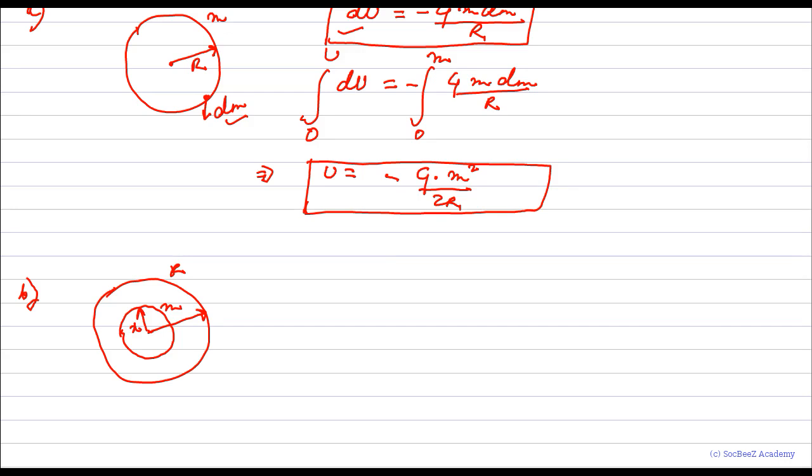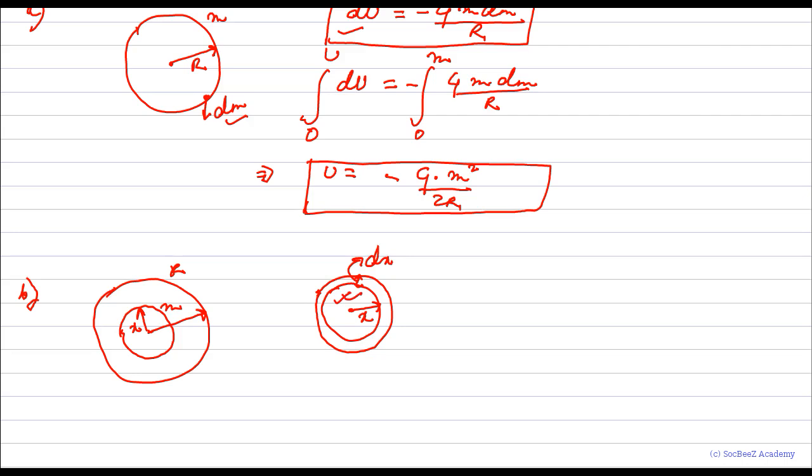Now let's say that at any instant while the sphere was being formed, its radius was x and a shell of small thickness dx was brought and put on this sphere of radius x.